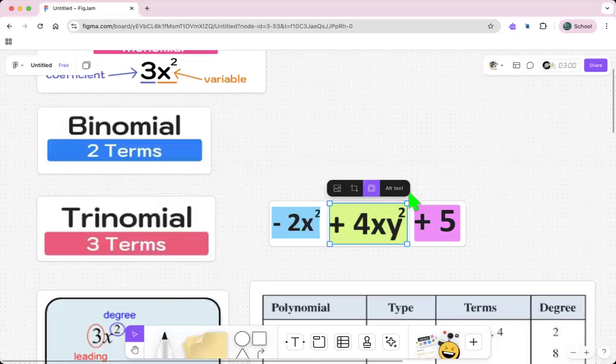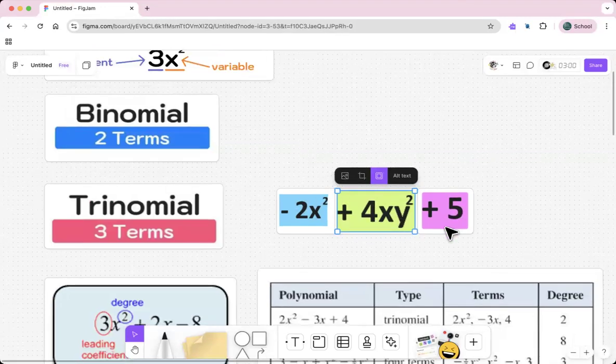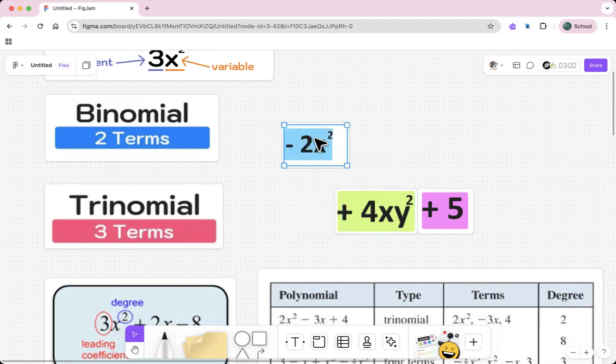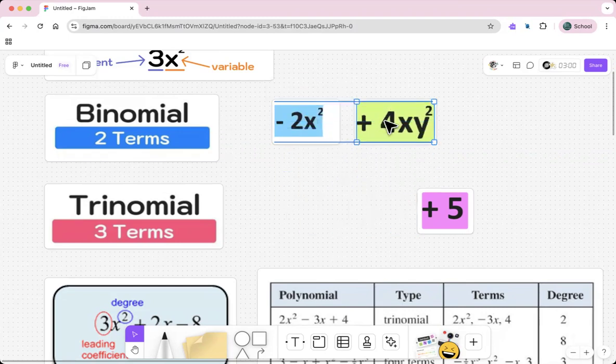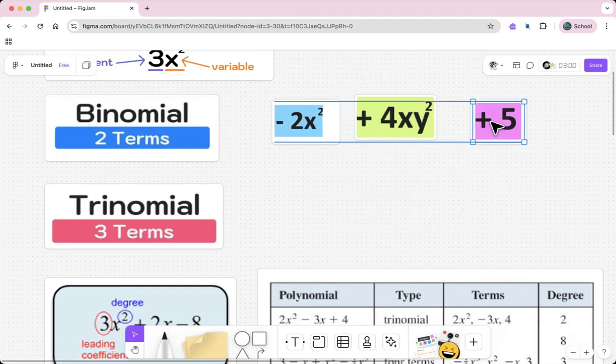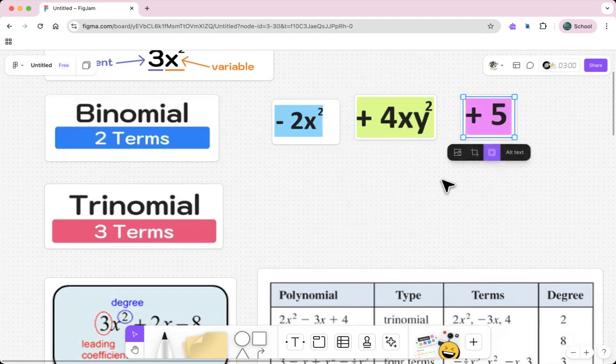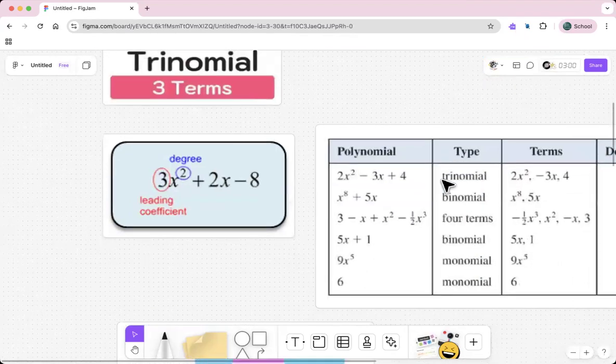So 1, 2, 3 terms connected together, that would be a trinomial. Okay, so that's one possible item that you could be tested on, labeling terms as monomials, binomials, and trinomials on your Unit 3 test.